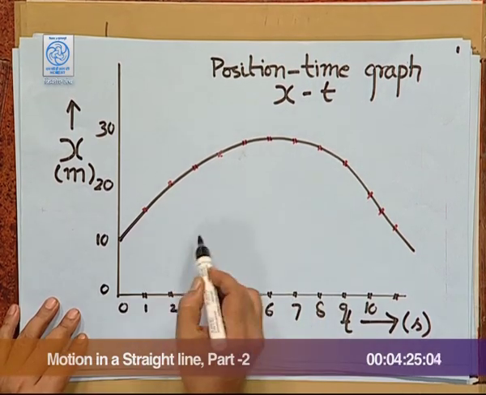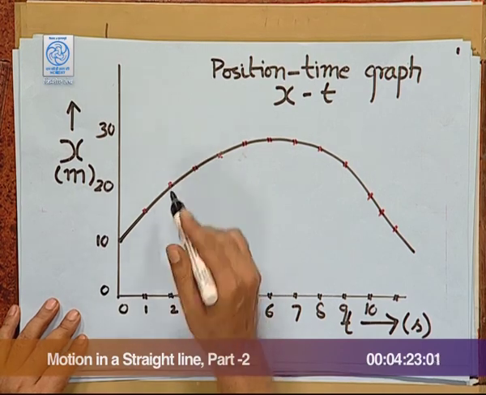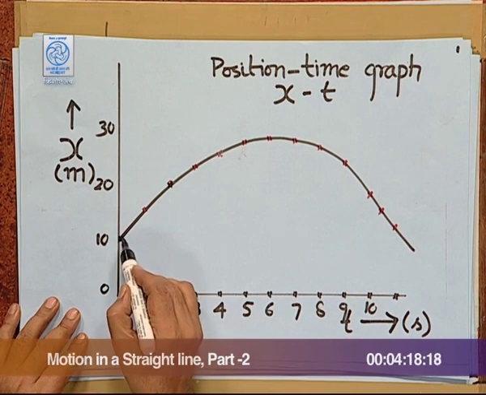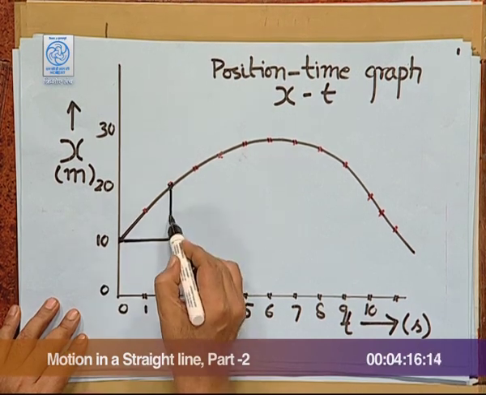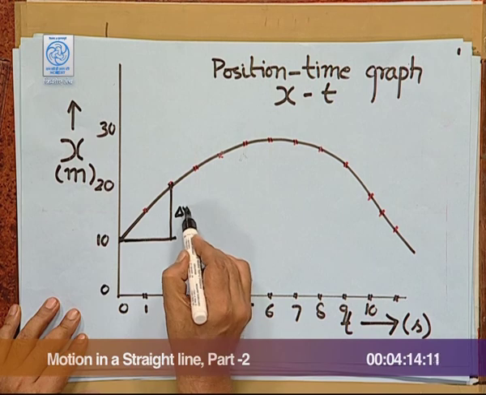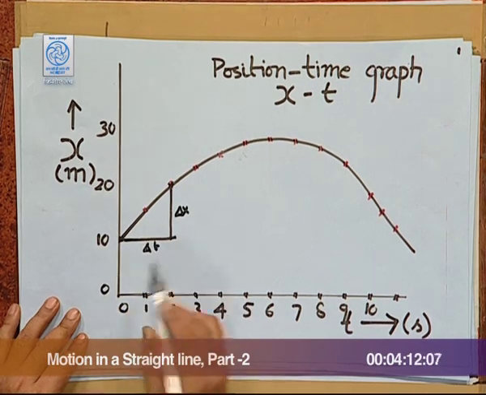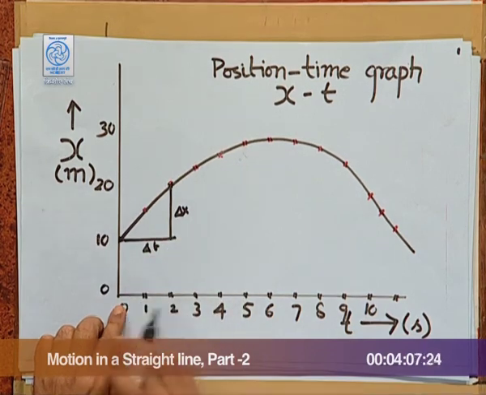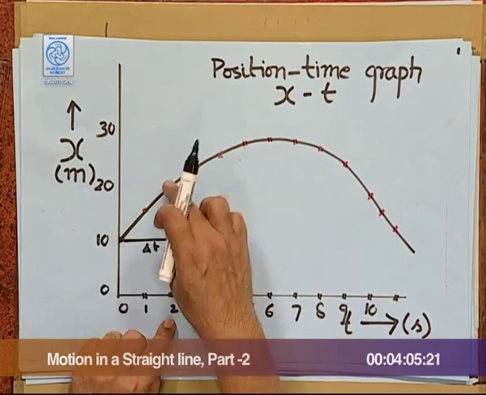How do we look at the slope of the graph? The slope of the graph is the line joining these two points, and that is a straight line, and this is delta t and this is delta x. In the interval 0 to 2 seconds, this is the slope of the line joining these 2 points.